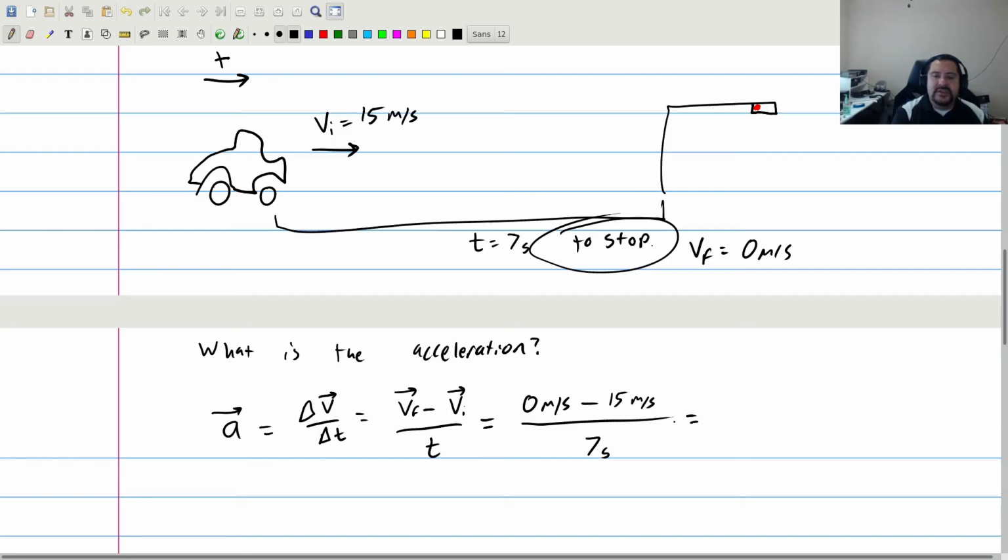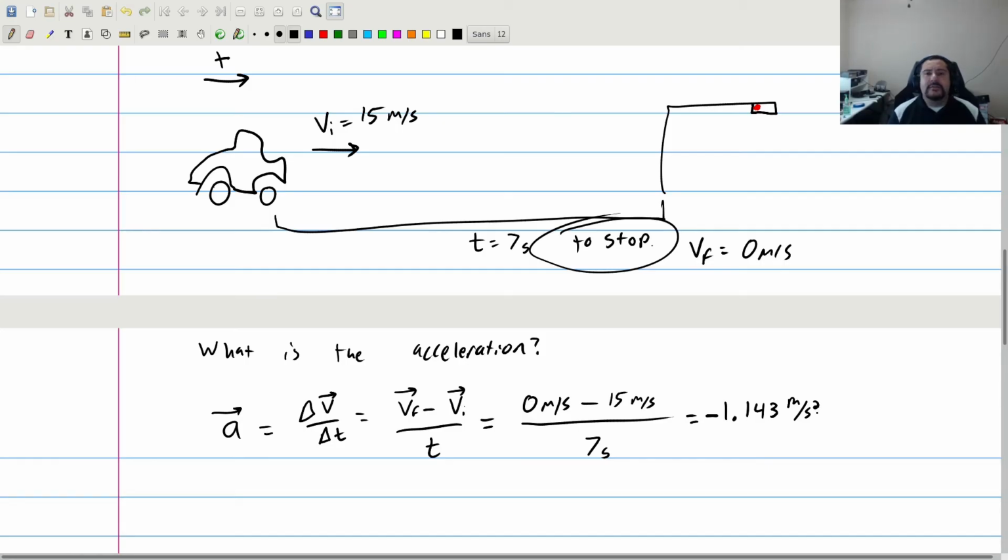This is going to be equal to negative 1.14, let's round that to 1.143 meters per second per second. So our acceleration is negative 1.143 meters per second squared.